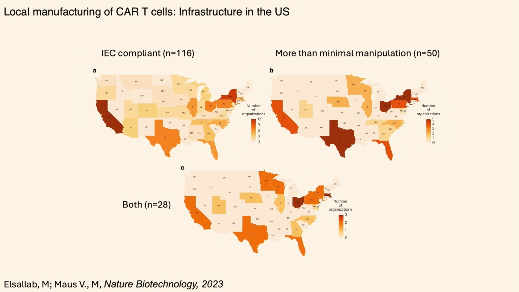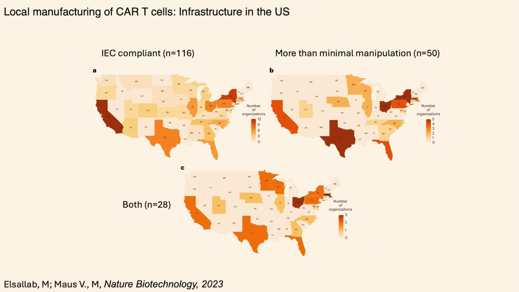We looked at the number of institutes in the United States that have the accreditation for immune effector cells, but also have the accreditation for doing more than minimal manipulation manufacturing. And we have at least 28 facilities in the United States right now that are associated with a clinical program that can perform immune effector cell manufacturing, administration, and clinical monitoring.